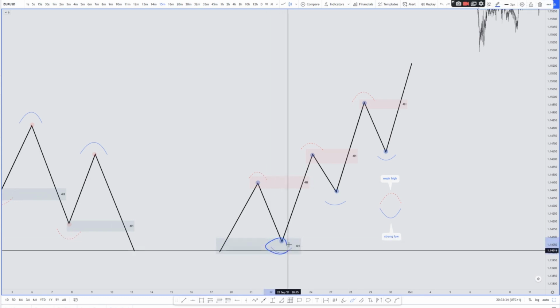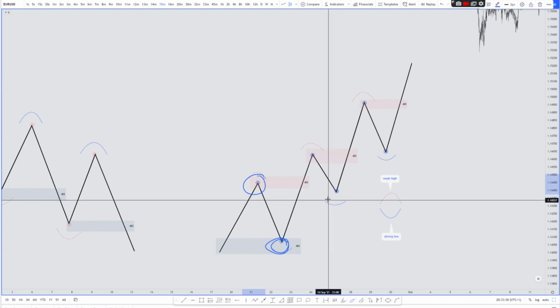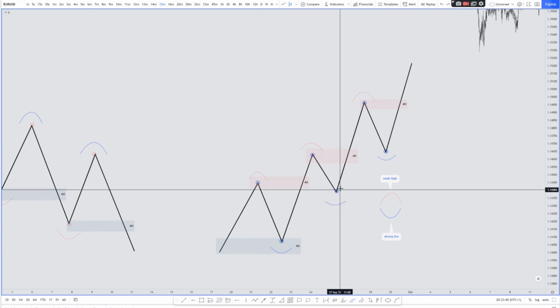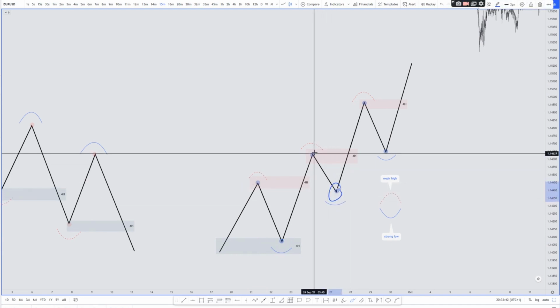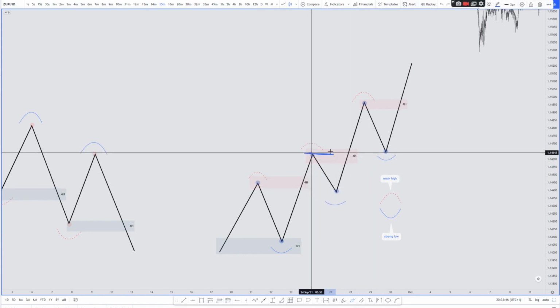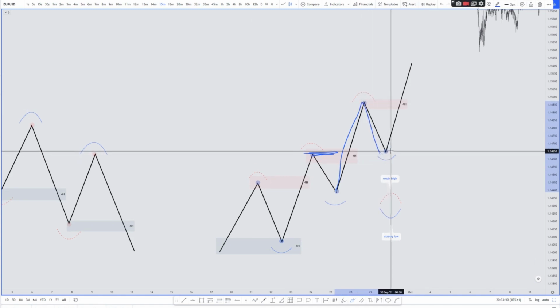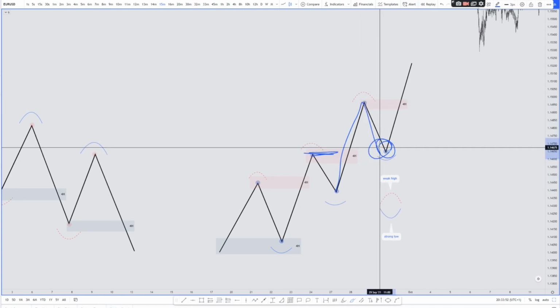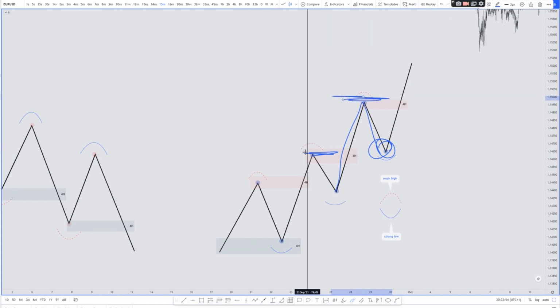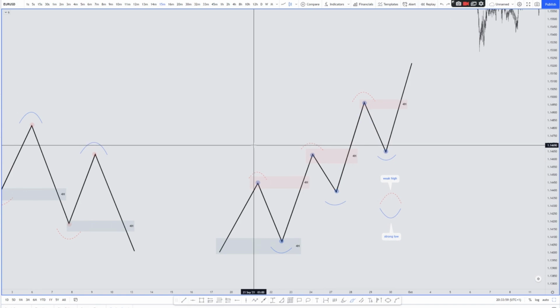Now, as long as this demand is being respected and supplies are breaking, our expectation is that as soon as this pullback ends, that this high will be run. The next expectation is once this high is run, we're going to get some sort of a pullback. And at this point, once this trend changes, we expect this 4-hour high to go. So that's kind of how we look at strong highs and weak highs, and strong lows and weak lows.